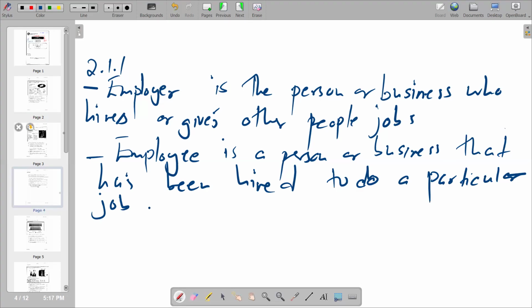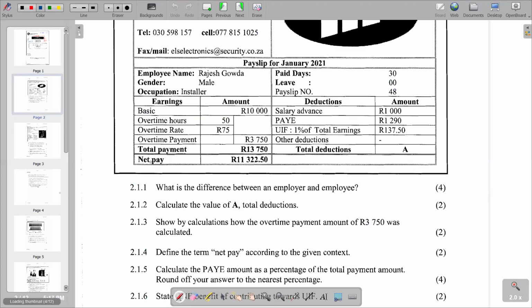So, that's the difference that exists between an employer and an employee.